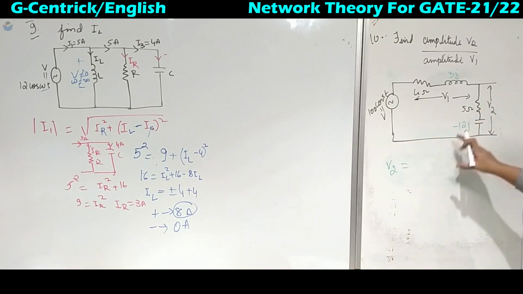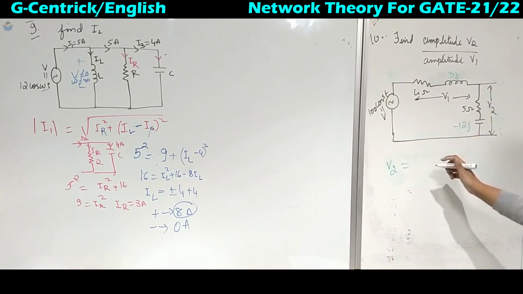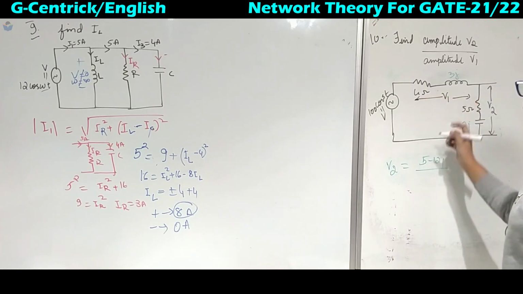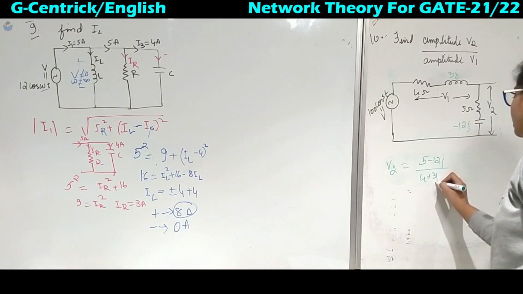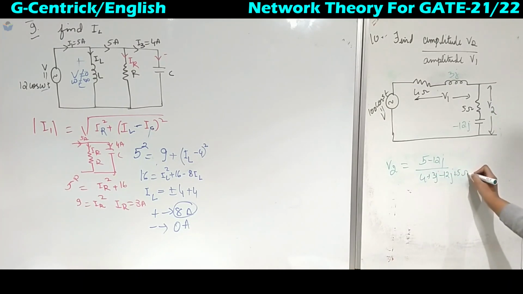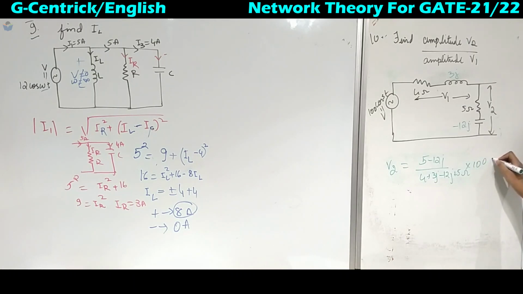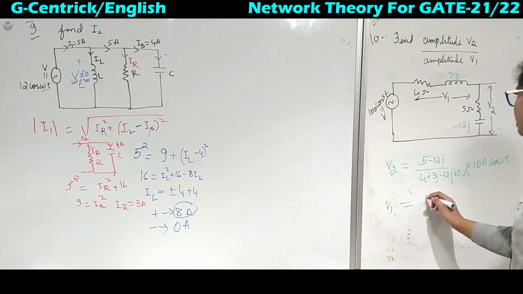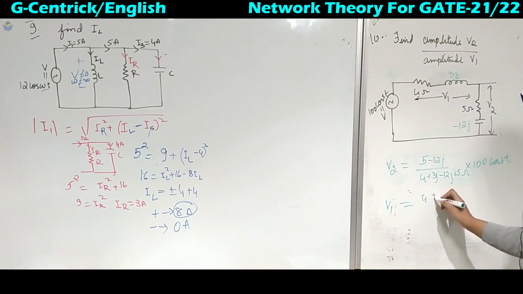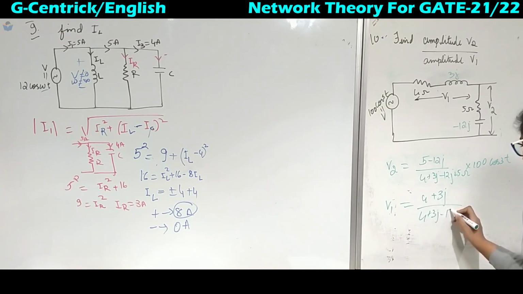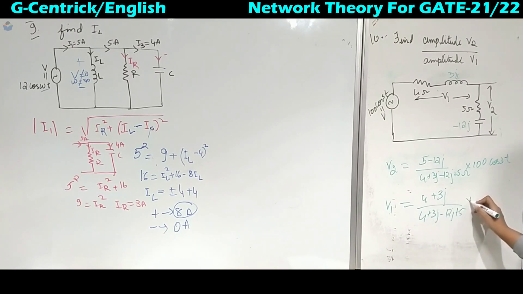So V2 is (5 minus 12J) upon (4 plus 3J minus 12J plus 5 ohm) into 100 cos 3t. Now directly for V1, we have (4 plus 3J) upon (4 plus 3J minus 12J plus 5) into 100 cos 3t.